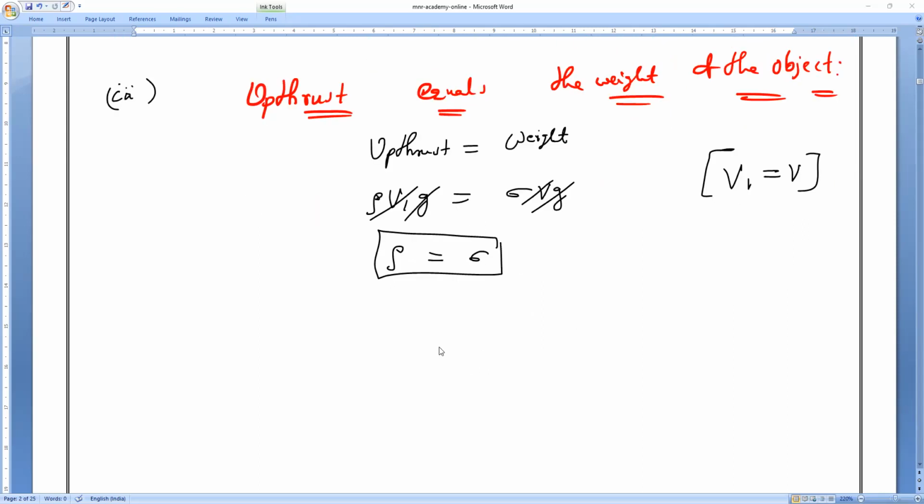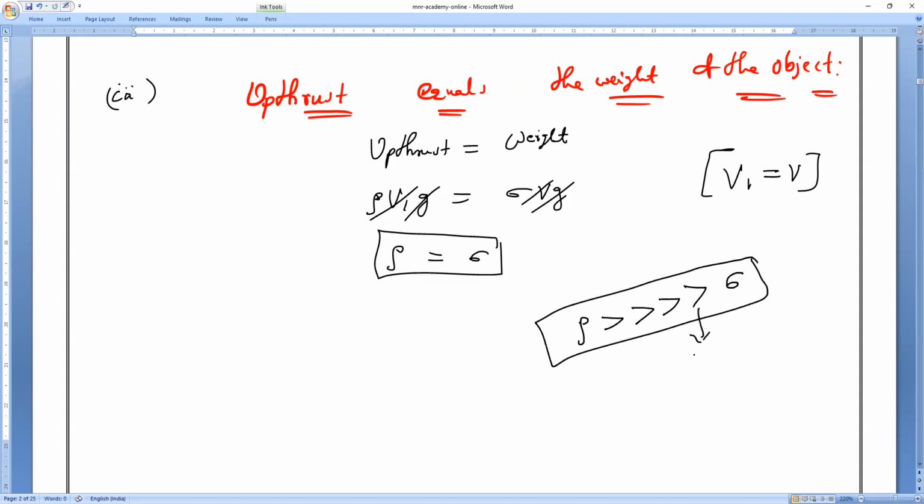So keep it in mind: if the density of the liquid is greater than the density of the object, more and more, then the immersed portion of the object is less. Clear, everyone? Because there is a greater buoyancy force.